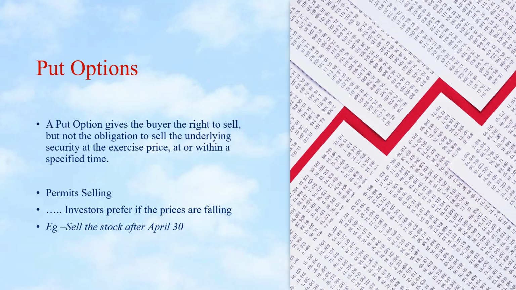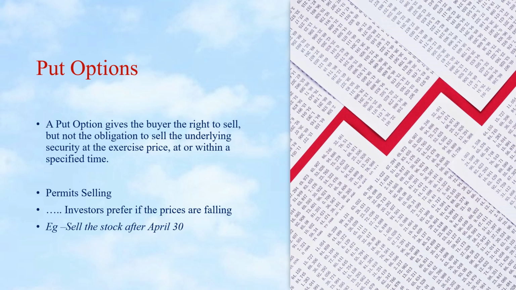A put option, in other words, gives the buyer the right to sell. After 1 month, what will be the price at which you want to sell? That is the concept. You have purchased now, and in future you are going to sell. In such a case, we will use the put option.